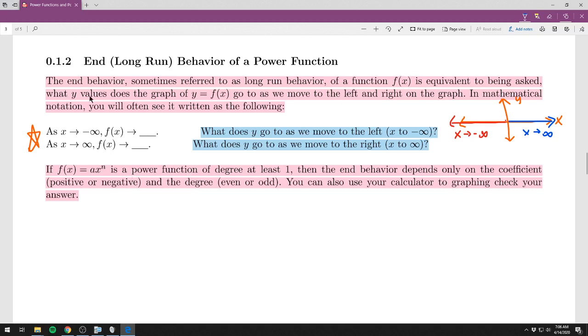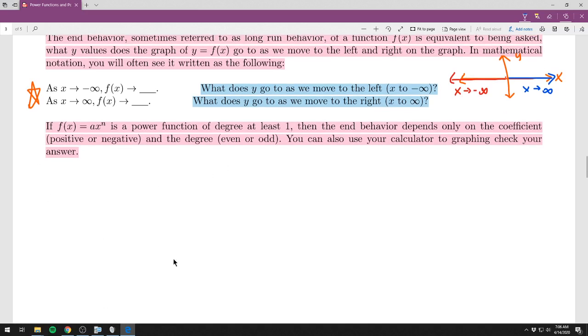In general, this is a hard question to answer, but with power functions it's pretty straightforward because of the way they work. So I'm going to make a little chart down here, and I'll show you how you can see this on your calculator. Sometimes it's nice to practice this enough and not have to graph them in your calculator, but you can always check these in your calculator.